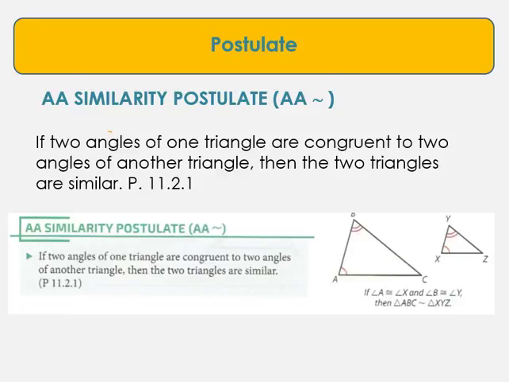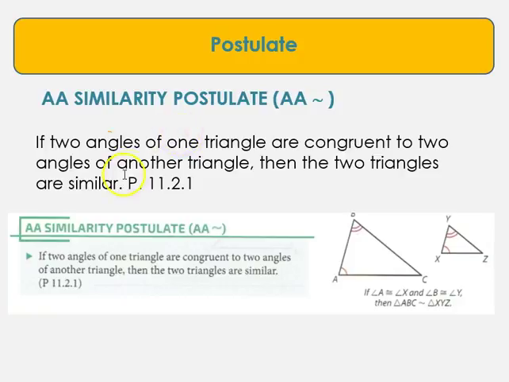The AA similarity postulate: if 2 angles of one triangle are congruent to 2 angles of another triangle, then the triangles are similar. So this is the same as saying AAA, which is all 3 angles, to prove similarity. The former postulate we knew, AA, would cover AAA.